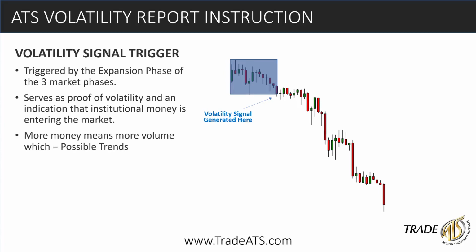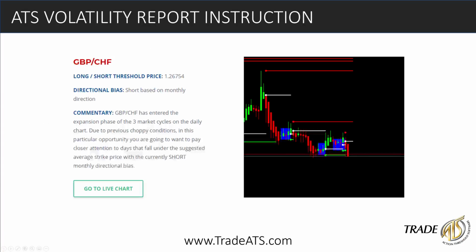And so more money entering the market means more volume, which equals possible trends. So a key part to the volatility signal is understanding that we've gone into the expansion phase, it's confirmed, and that the trending phase is on the horizon, and that can happen very quickly. It could take some time, and that's where the threshold price will come in, which we'll cover here next.